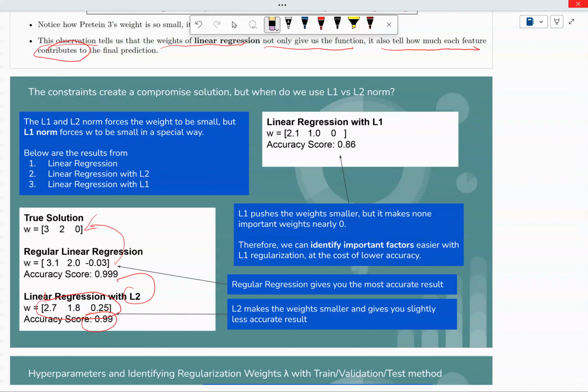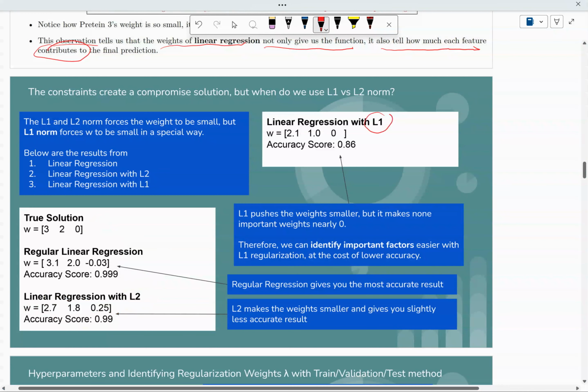However, in the third example, when we solve it with the L1 norm, notice that the accuracy went down a lot. Now, you might be thinking to yourself, why would we do this if the accuracy is hurting so much? The reason is that L1 norm has the power to push the non-important features towards zero. It does a very good job pushing them to zero, and therefore it allows you to weed out features that are not important.